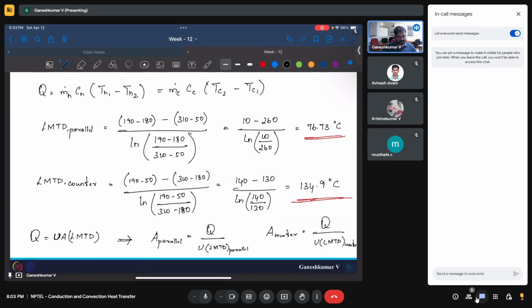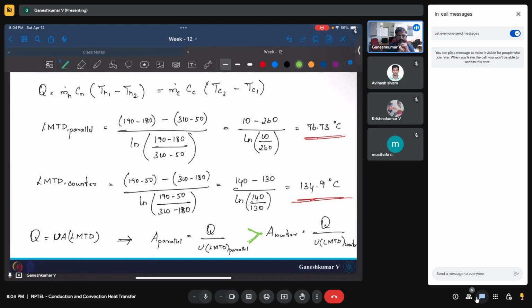Since LMTD is very high for the counterflow heat exchanger, the area required for heat transfer is less for counterflow compared to parallel flow. So you will have a more compact heat exchanger with counterflow. If you have parallel flow, you need a very large area.